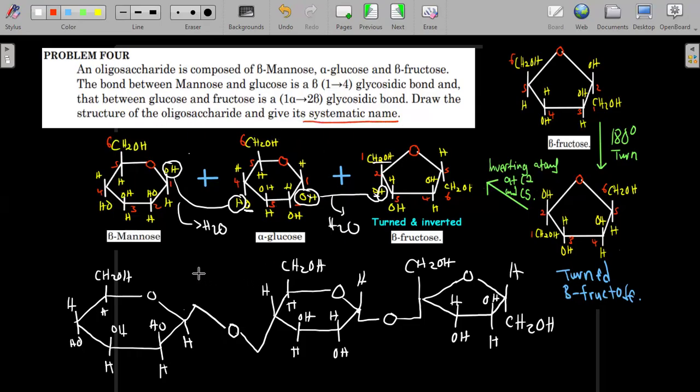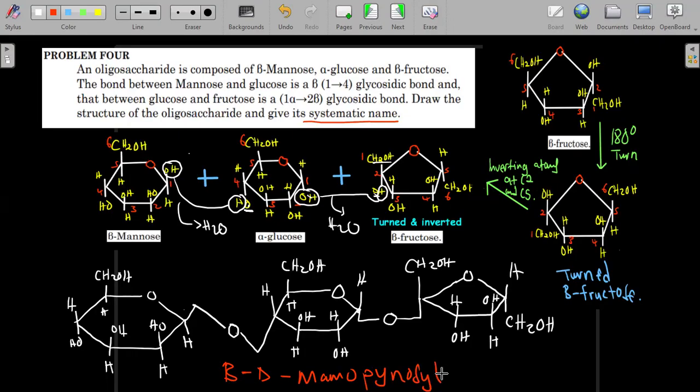Its systematic name just comes from the monosaccharides that make up this oligosaccharide and also the bonds that we can see there. So its systematic name is going to be, this one here was beta, beta D manno. Since this is a ring now, we are going to say pyranose.